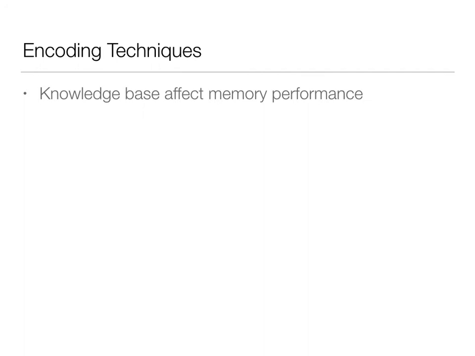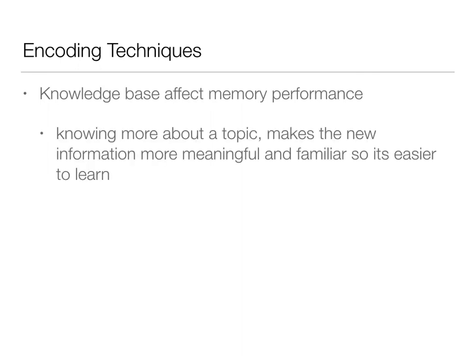At least with psychology, you're able to relate it to your own life. And so that can make it easier to remember it. The more we know about a topic, the easier it is to remember new information because it's more familiar and it's easier to learn. So there's been several studies that have looked at this.